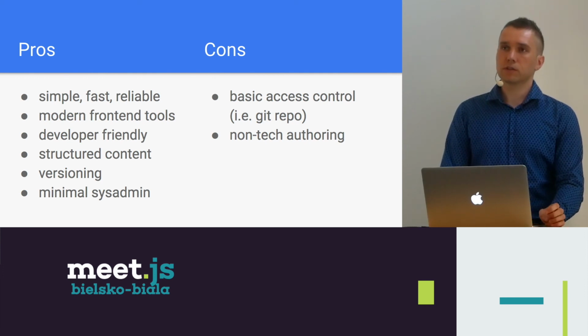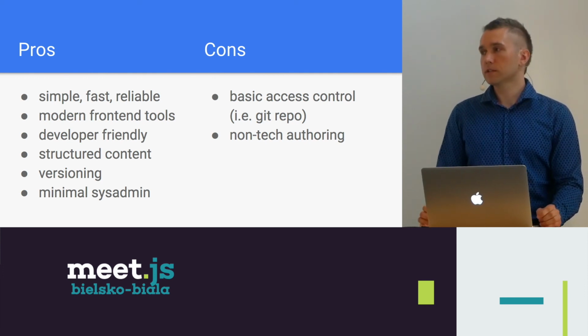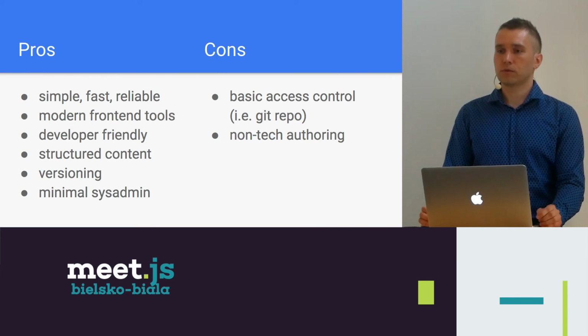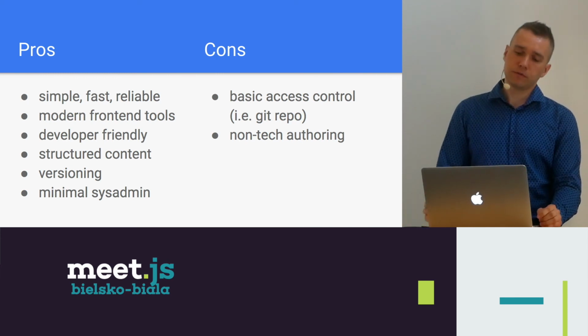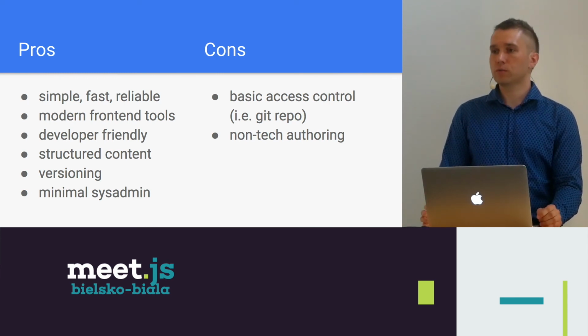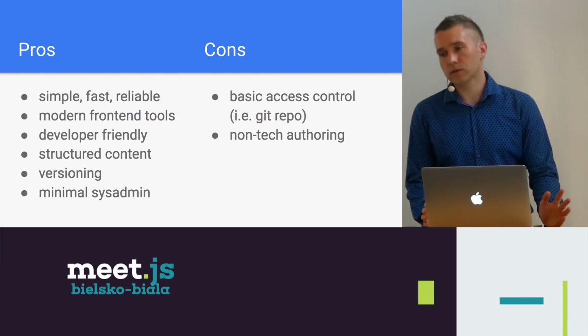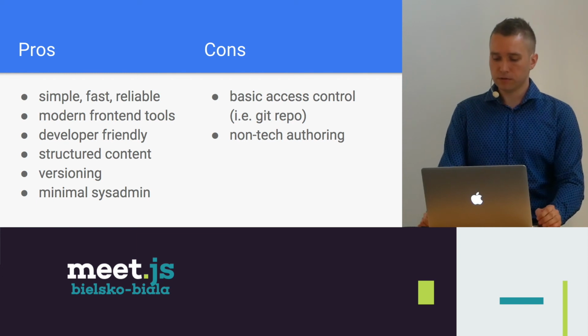Also, it's better for versioning because everything is in Git. So if you want to go back in time and have a previous version of the website, or if you want to check what has changed in the last weeks, for example, you can check it out with Git.